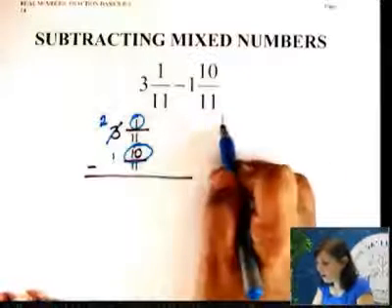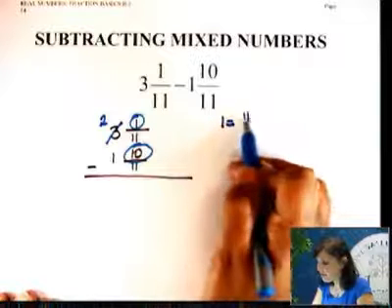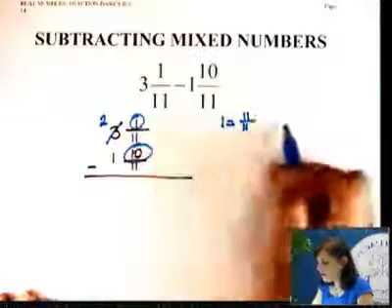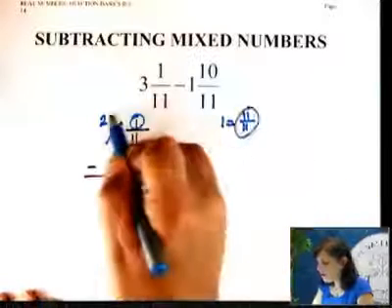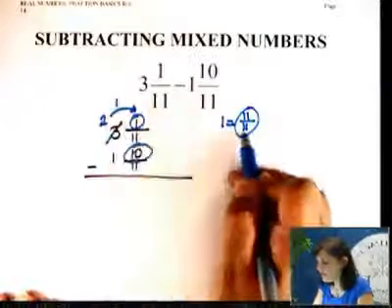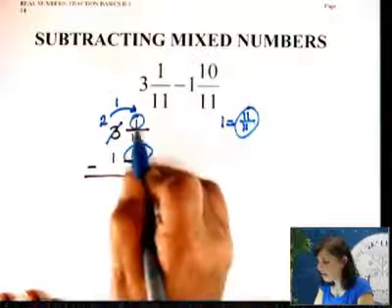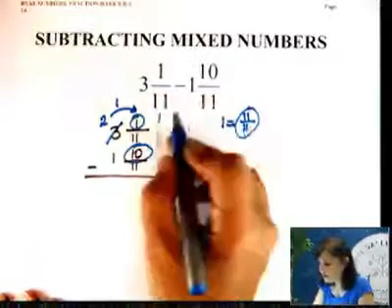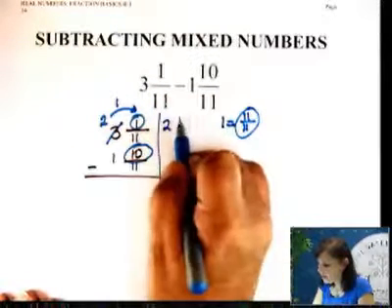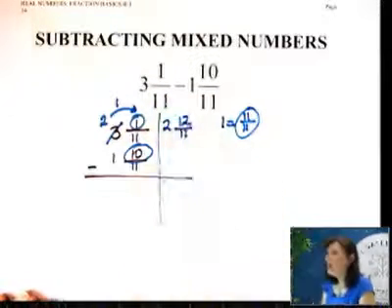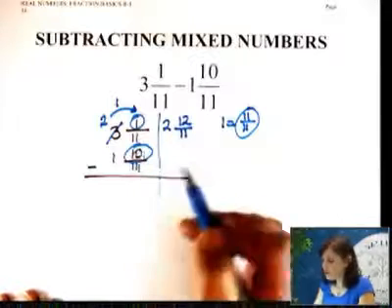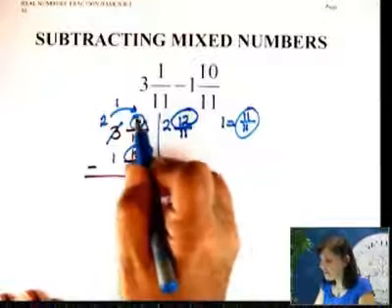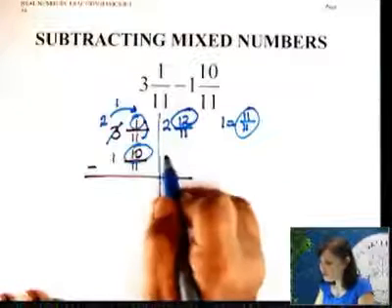When I borrow 1, 1 is the same as 11 over 11. I match this. So I'm borrowing 1 in here, which is 11 over 11. And I had 1 over 11. 11 plus 1, that's 12. So this number became 2 and 12 over 11. The shortcut is going to be, watch, this number is always this plus that, 11 plus 1, 12. So that's your shortcut.